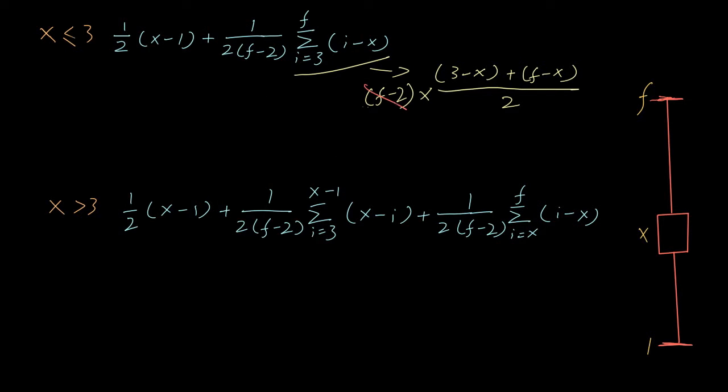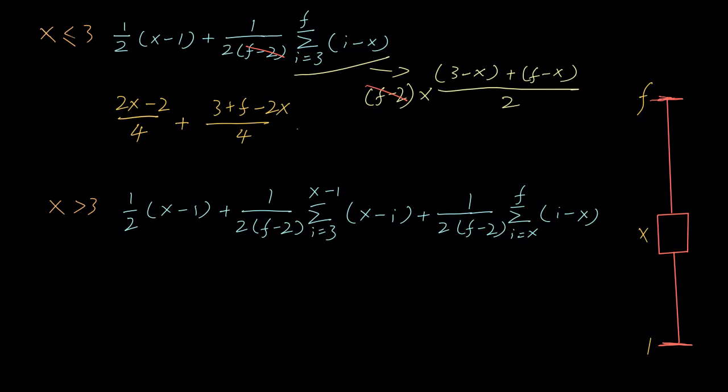And we can see there is another f minus 2 before it, so they are gone. And then we shall turn the 1 half x minus 1 into the same form as the latter one, which is 4 under 3 plus f minus 2x.